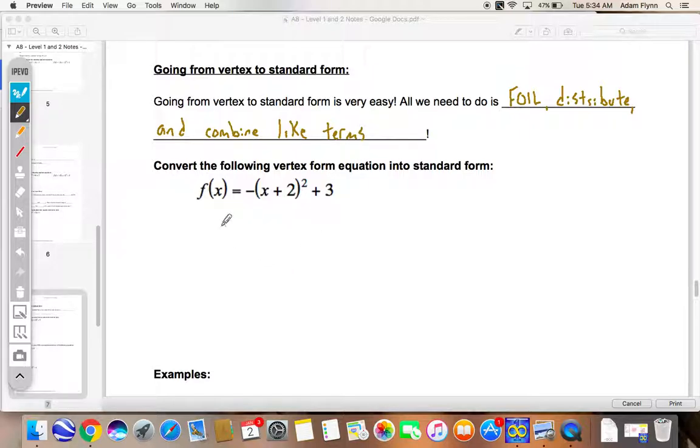Okay? So I'm given an equation in vertex form. To put it in standard form, let me rewrite it. So instead of writing x plus 2 squared, I'm going to expand that as x plus 2 times x plus 2. Then of course I have my plus 3.